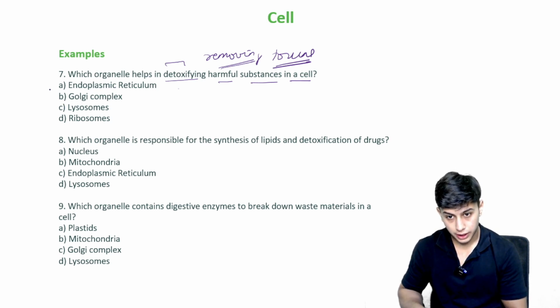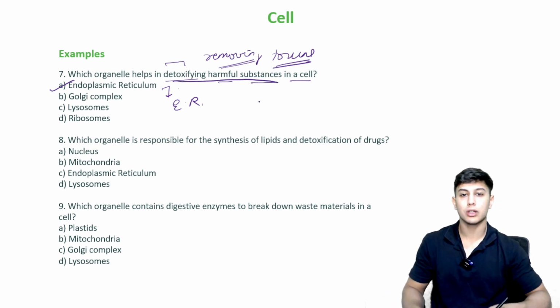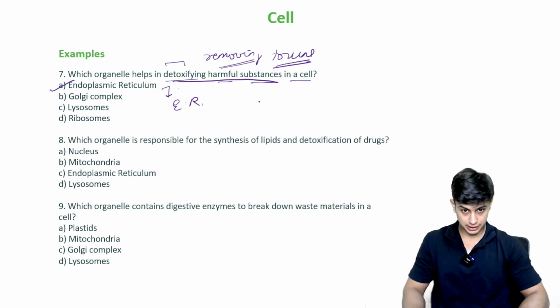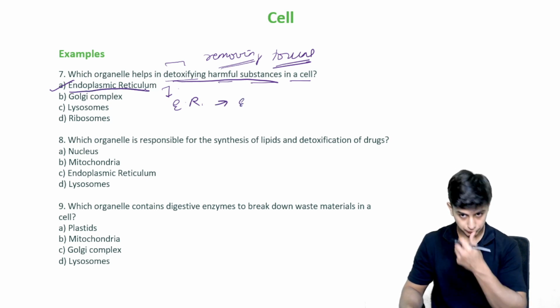The correct option is A, endoplasmic reticulum, ER. It also helps in detoxing harmful substances. If some toxin or something poisonous has come inside the cell, it will be removed by the endoplasmic reticulum. See the spelling, endoplasmic reticulum.